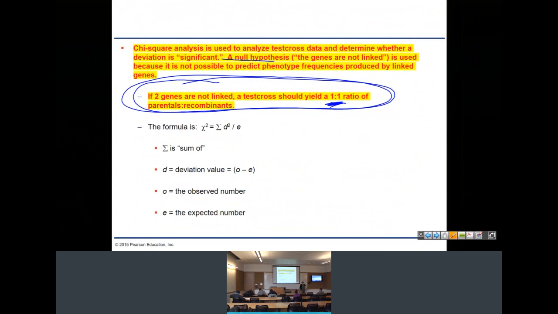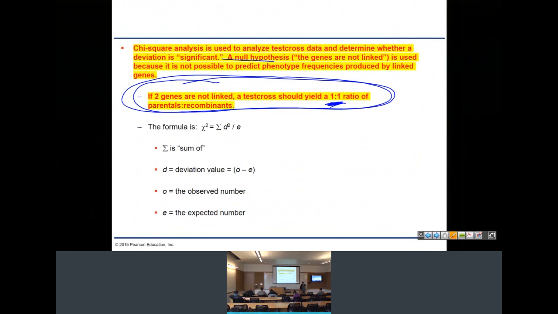In the null hypothesis, you'd say that the genes are not linked. It's the opposite of what you want it to be. The genes undergo normal, typical Mendelian genetics, the 1-to-1 ratio, and we expect a 1-to-1 ratio of parental to recombinants.